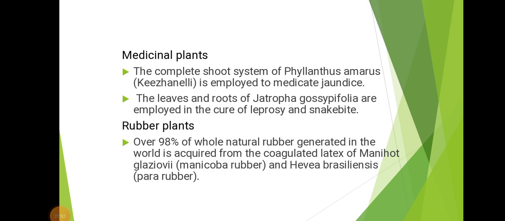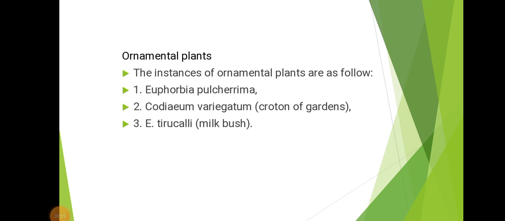If you see the rubber plant, over 98% of all natural rubber generated in the world is acquired from the coagulated latex of Manihot glaziovii and Hevea brasiliensis, the Para rubber.